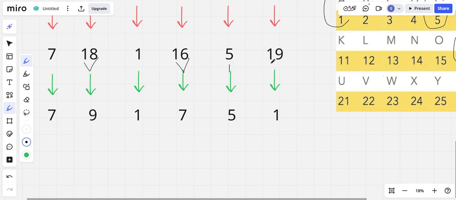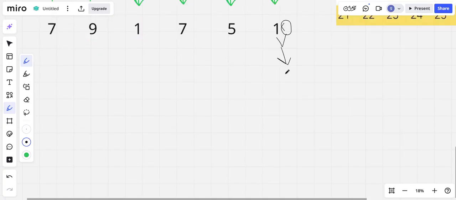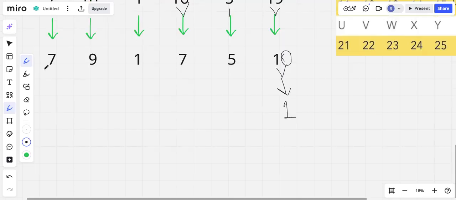And then 1 plus 9 is 10. Since we are converting it to a single digit, we add 1 plus 0 and get 1. So the main aim is to get a single digit.